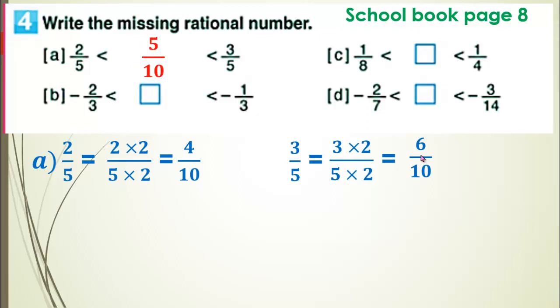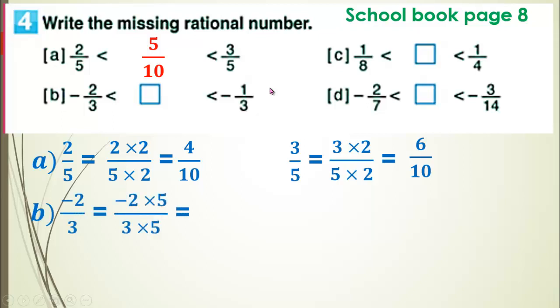Let's go now for number B. Negative 2 over 3 and negative 1 over 3. What is the rational number included between those two numbers? Simply, I have the same denominator, but there are no numbers included between negative 2 and negative 1. What I should do is make my denominator bigger. How? By multiplying both the numerator and the denominator of the two fractions by the same number.